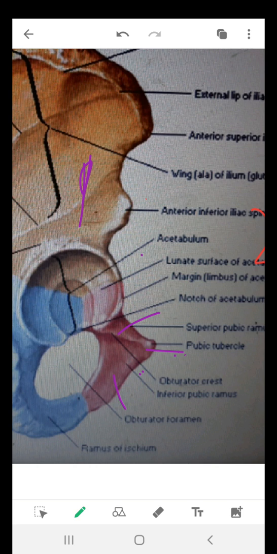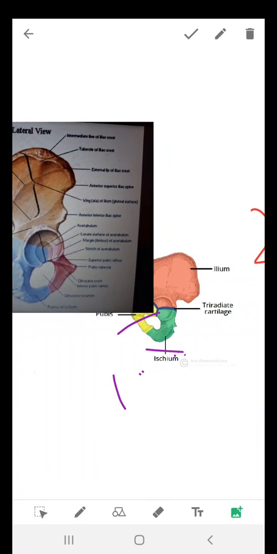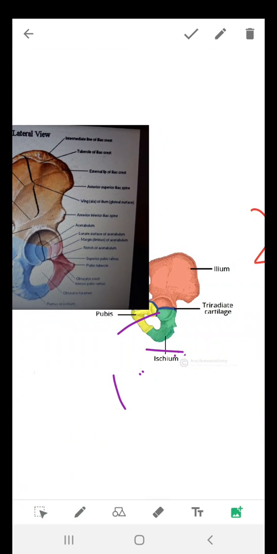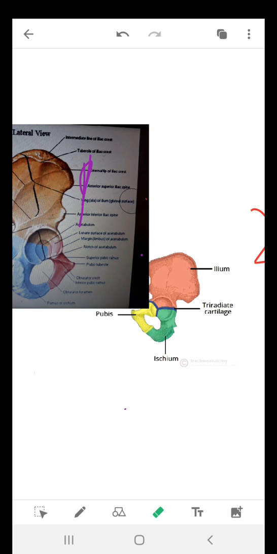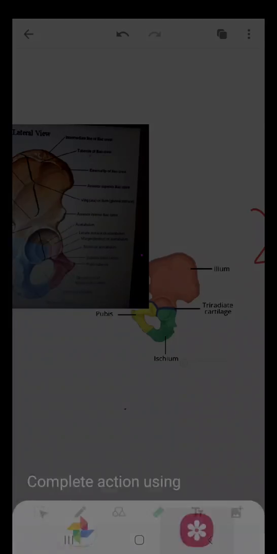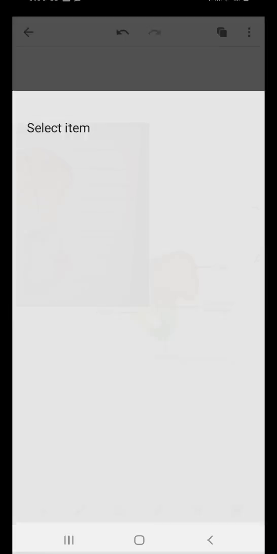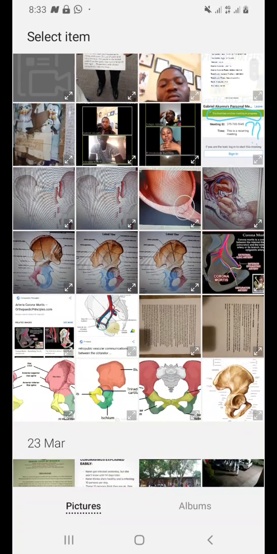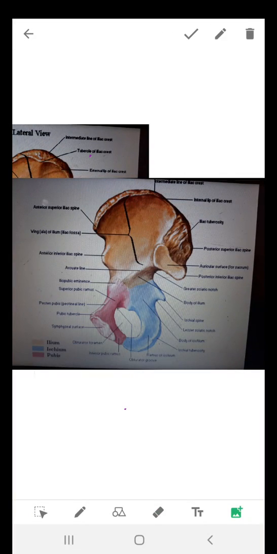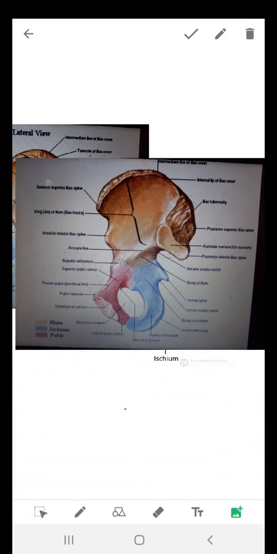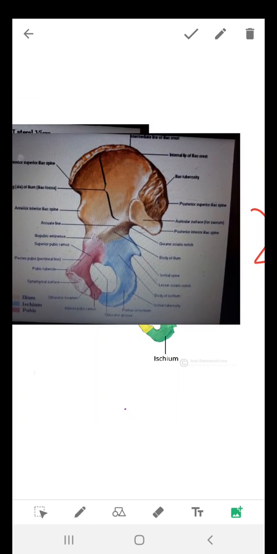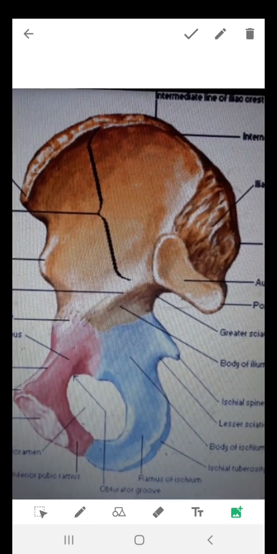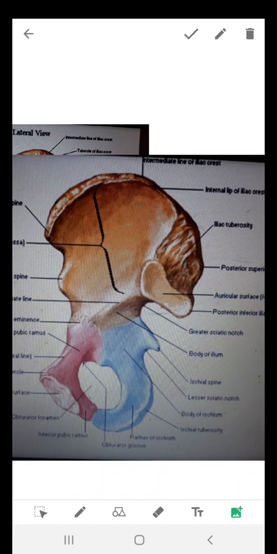Now let's go down to this bone. Let's go to the medial aspect of this bone. So if you look at this bone here, you see that the ilium has other things that we didn't speak about.